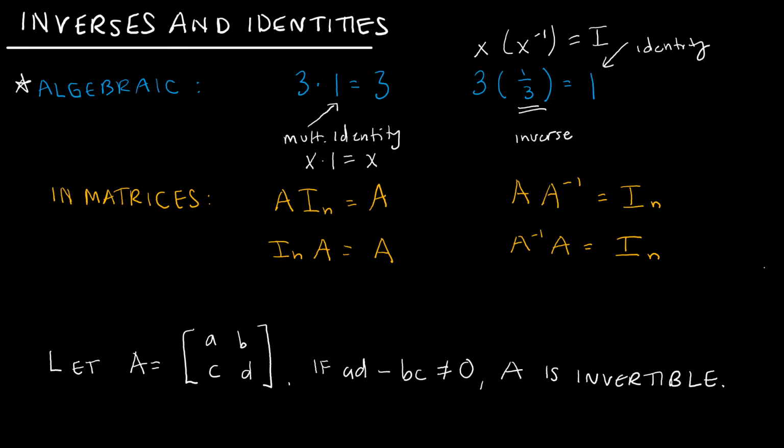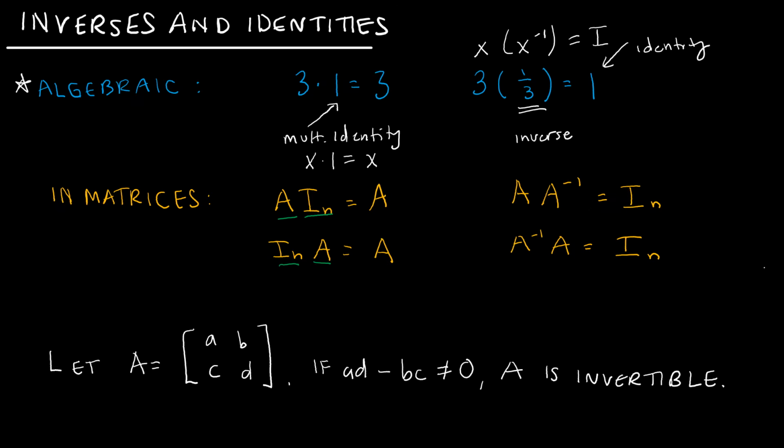Now let's take a look at matrices instead of an algebraic problem. In matrices, I have matrix A, and matrix A multiplied by the identity matrix should get me back to A. And notice, with the inverse, I can multiply those two in either order.